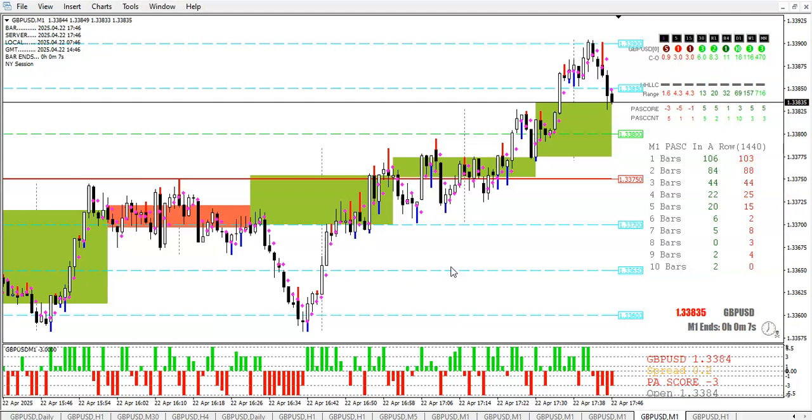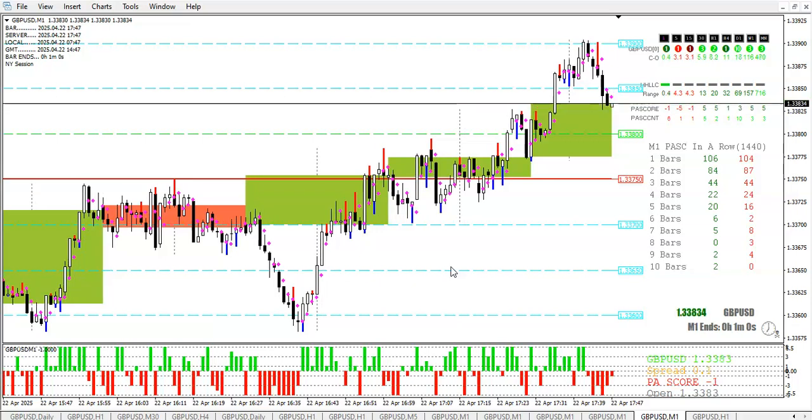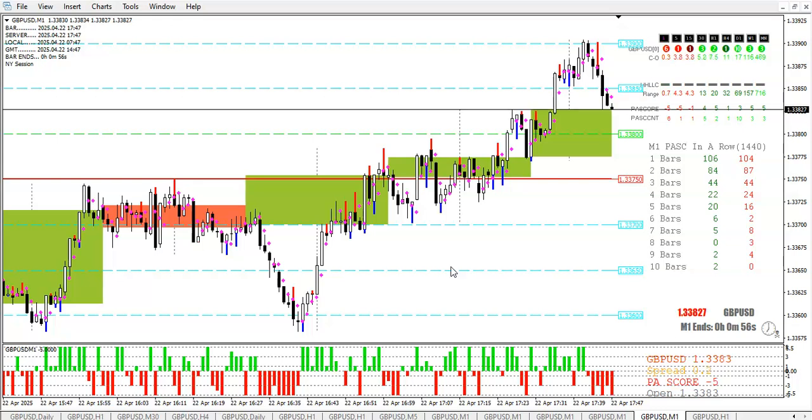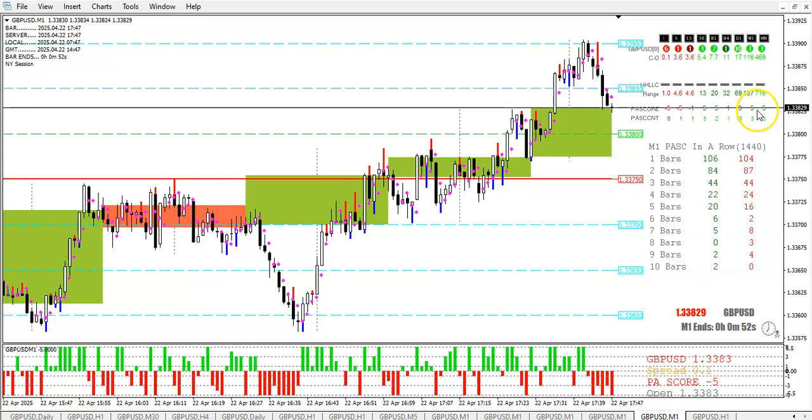You add one to the score if you're above the previous candle's open, the high, the midpoint, the low, and the close. And you subtract one if you're below it.